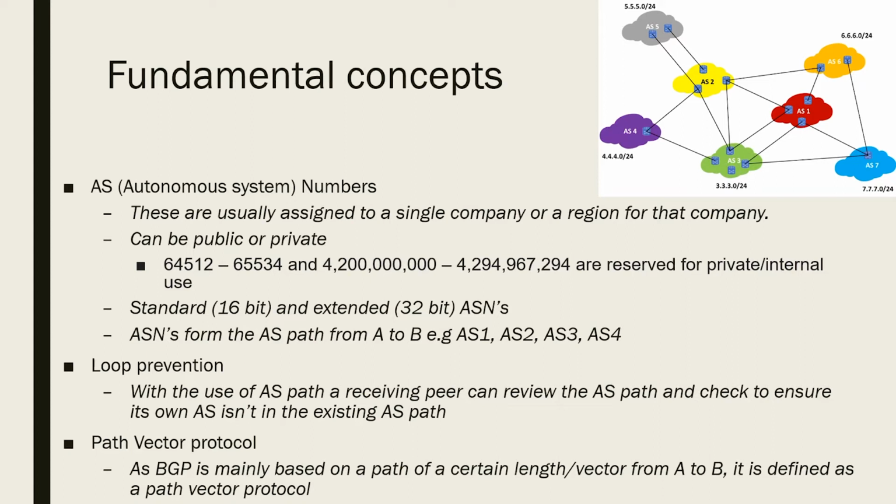However, inside BGP, it's mainly based on a path of a certain length or a certain vector from point A to point B. As I mentioned, there are multiple different attributes that we base path selection on, and I'll mention them a little bit later. But in general, BGP is a path vector protocol because it's based fundamentally on a path from A to B.